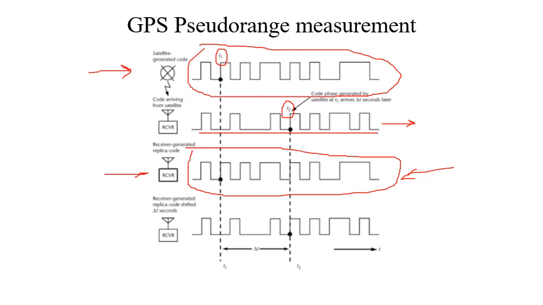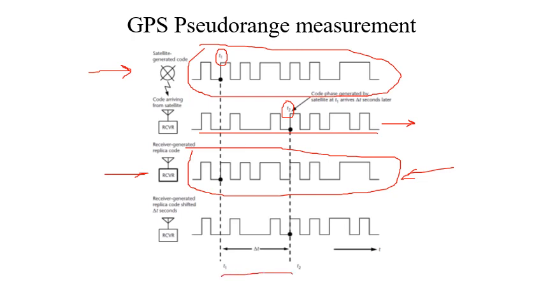By finding this T1 location, I can easily compute the travel time between the satellite and the receiver. By simply subtracting T1 from T2, the delta T can be easily obtained.